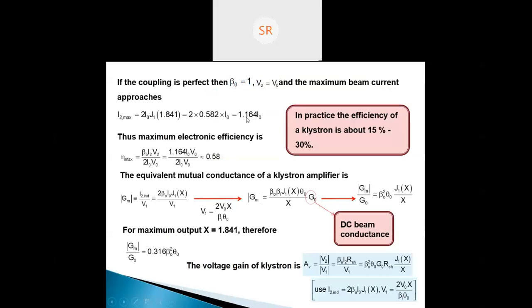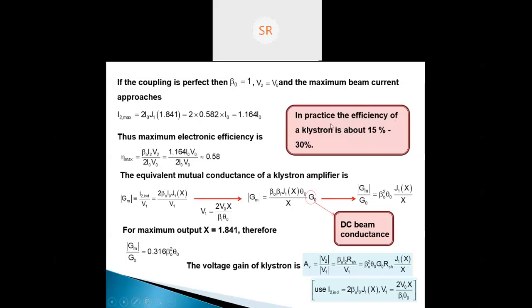So I2 max is equal to 1.164 of I0. So maximum electronic efficiency is beta 0 I2 V2 by twice I0 V0. If you put in the I2 max here, we'll get an efficiency of 0.58, the maximum electronic efficiency. The practical efficiency of the Klystron is about 15 to 30%.